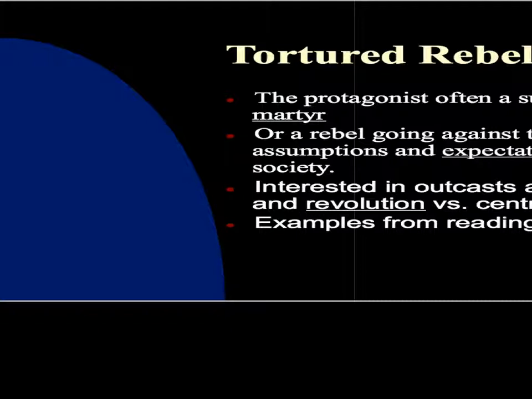When we get to class, we'll discuss this and think of examples from the readings that you've done recently. At this point in your notes, you might hit pause and see if you can think of any protagonists from stories who are martyrs, who suffer for what they believe, but are seen as heroes for doing so.